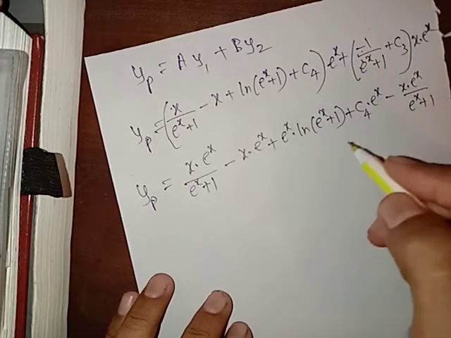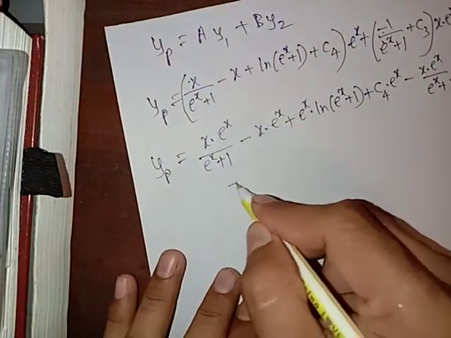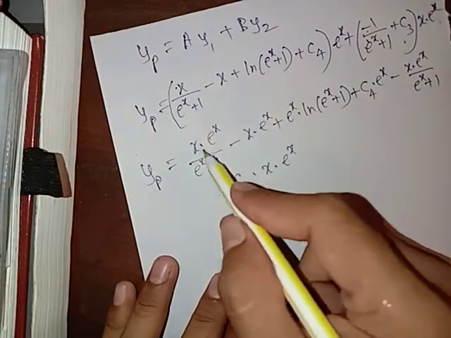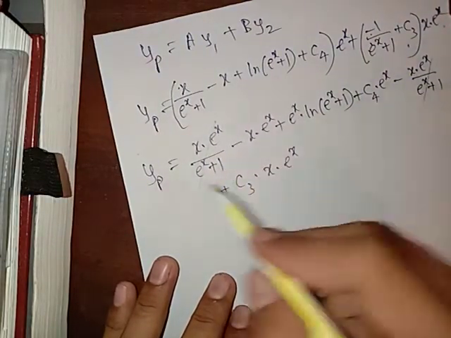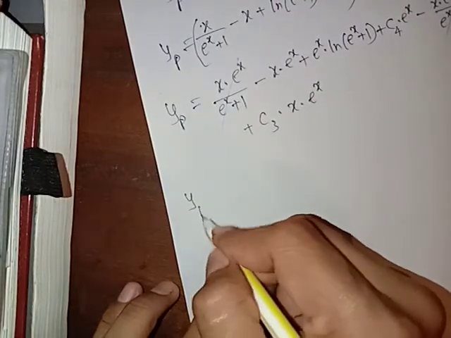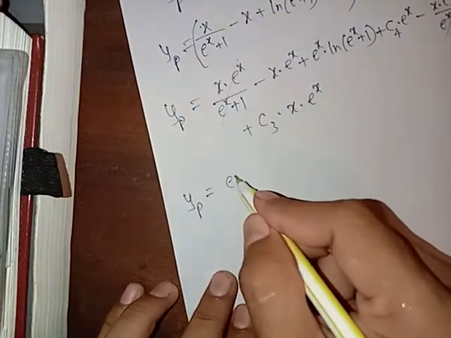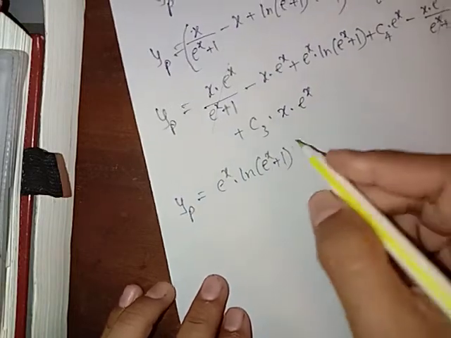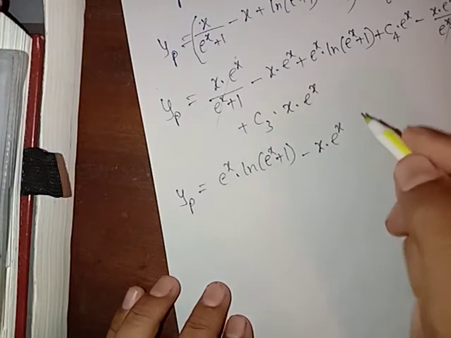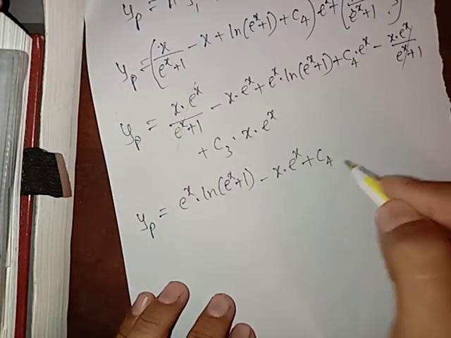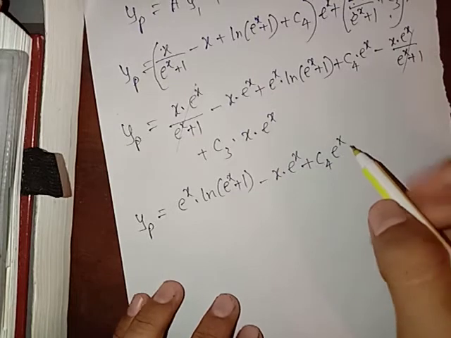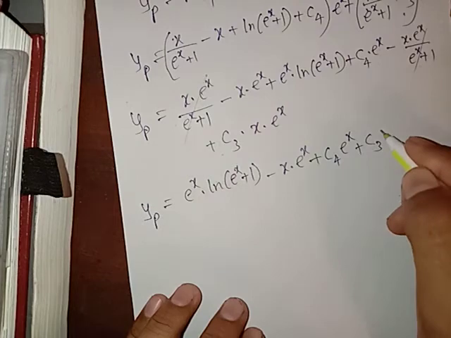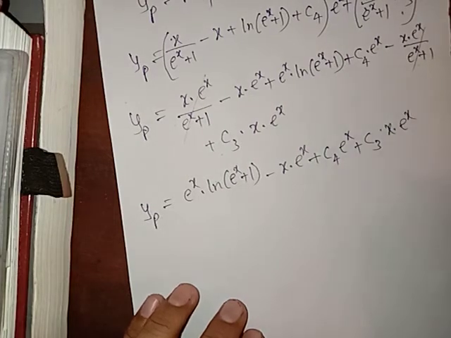If we multiply this, plus c3 into x into exponential of x. Now x into this and this cancels out. Now we get yp is equal to exponential of x into ln(exponential of x plus 1) minus x into exponential of x plus c4 exponential of x plus c3 into x into exponential of x.